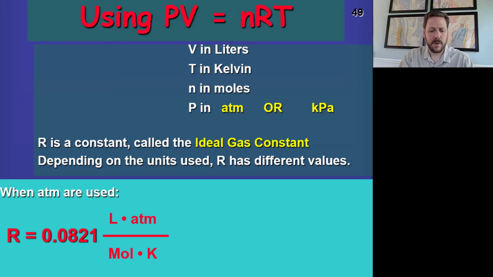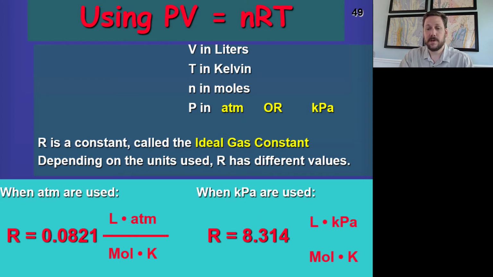So there's no other operation to do here other than to plug in that numerical value for R. If, however, the pressure is given in kilopascal, then the R value is 101.3 times greater than that, 8.314, and the units are liter kilopascal per mole Kelvin. You could even figure out an R value for torr, or millimeters of mercury, but these are the two R values that are most commonly used.